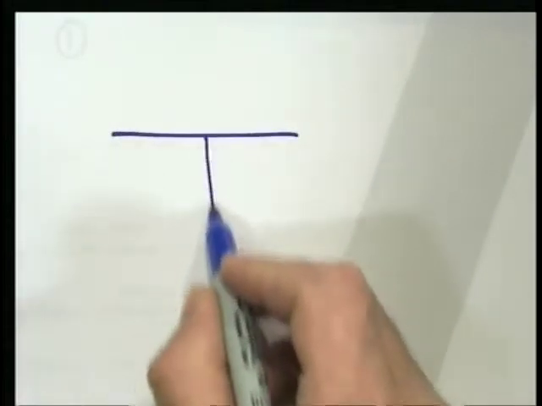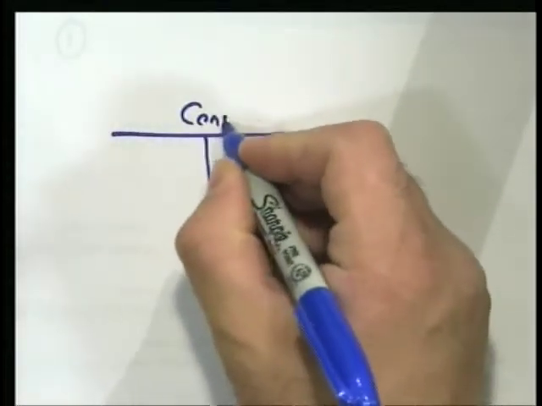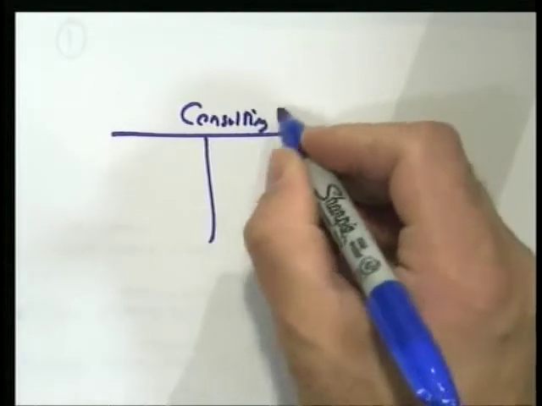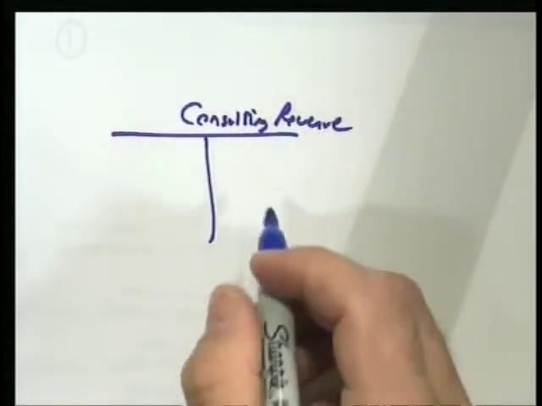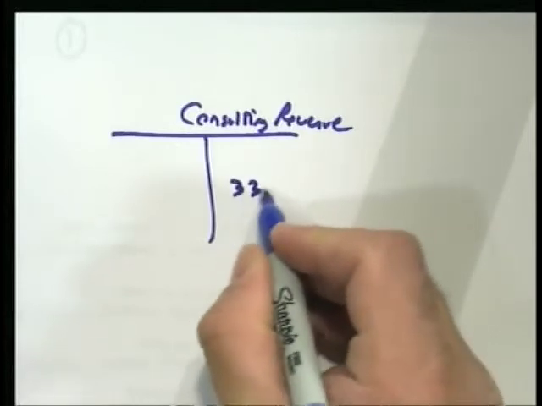Now, revenue accounts, are they a normal debit or normal credit balance accounts? They're normal credit balance accounts. For example, let's say you look at your ledger and you have consulting revenue, and let's say the consulting revenue has a balance of $33,000.